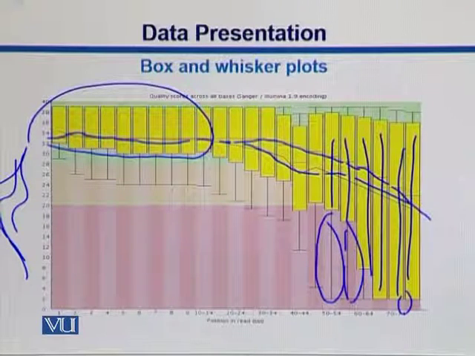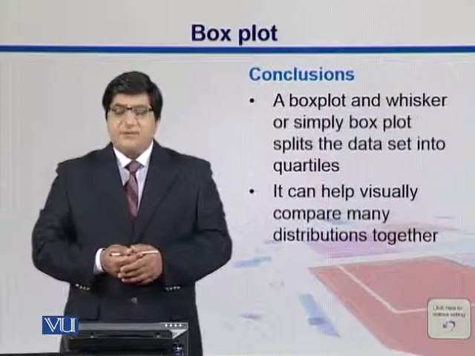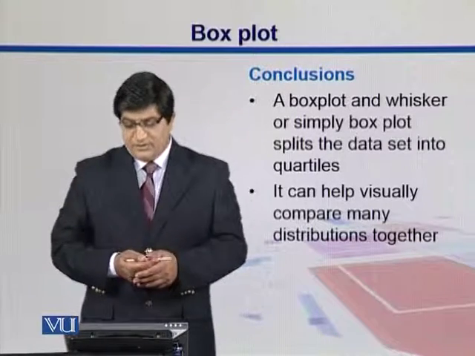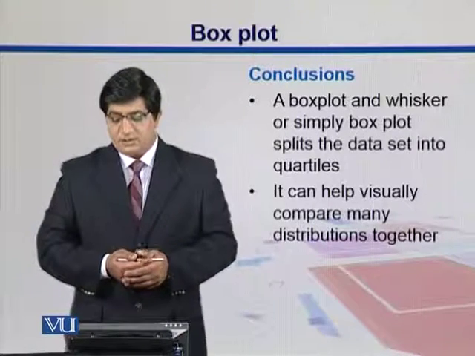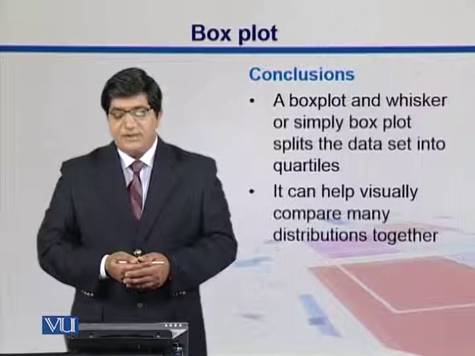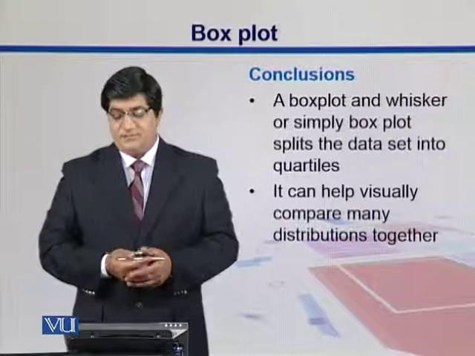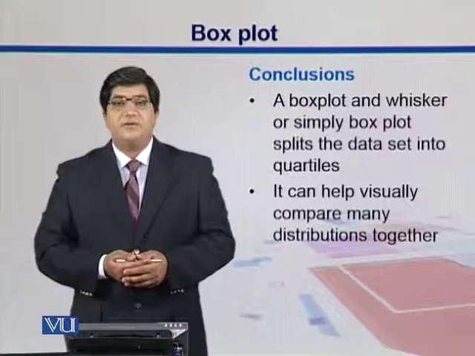So that kind of arrangement, the box and whisker plot, is easy, and in this arrangement we can compare many distributions with one another as we did in this picture. So a box and whisker plot, or simply a box plot, as we call it most of the time, splits the data into quartiles, and it can help visually compare different distributions together.